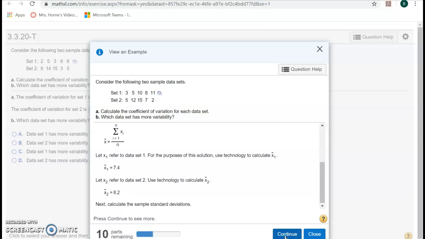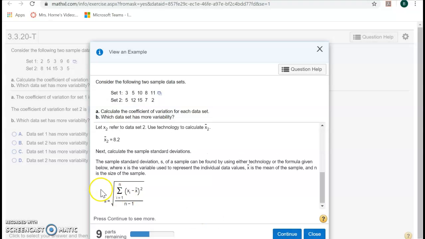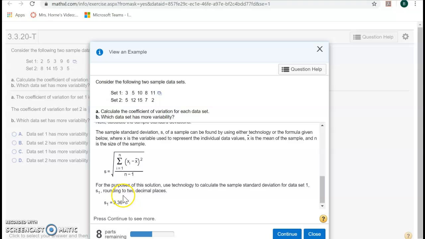But then if we keep looking down, to calculate the standard deviation, it says to round the standard deviation to 2 decimal places. So it may have been a little bit misleading when it said round to 1 decimal place is needed, because technically when you're calculating the standard deviation, by looking at the example, we can see that we need to round to 2 decimal places.